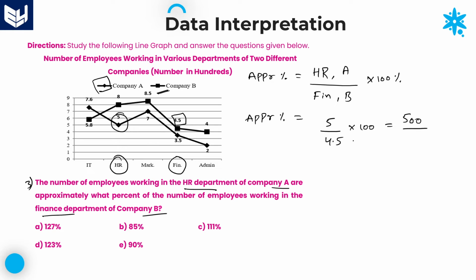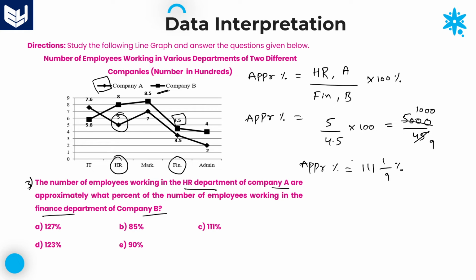That is equal to 500 divided by 4.5. You can write this 4.5 as 45 by 10. The 10 goes to the numerator, it will be 5000. Now you just cancel with 5 table, 5 nines are 45. Therefore our required approximate percentage is equal to 1 by 9 ones, again 9 ones, again 9 ones, 111 by 9 percentage.